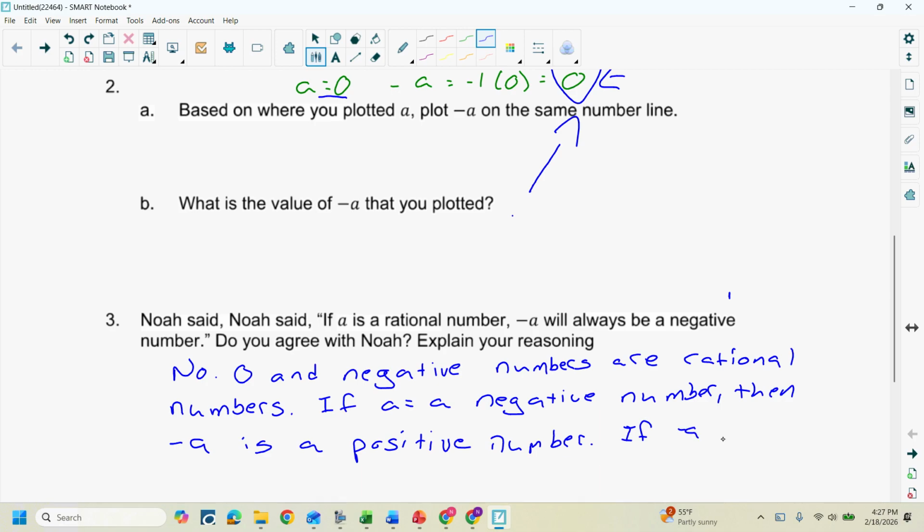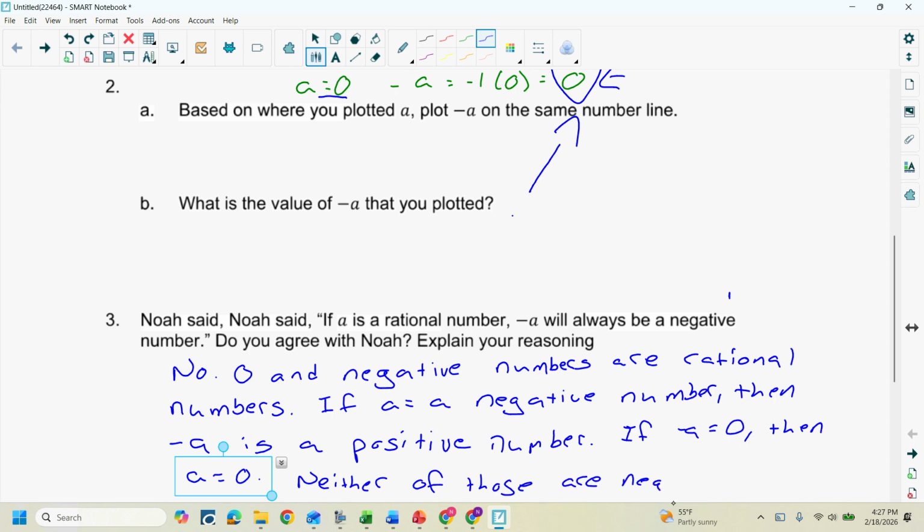If negative A equals 0, then A equals 0. Neither of those are negative.